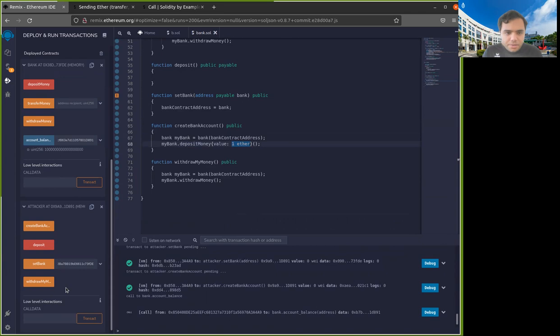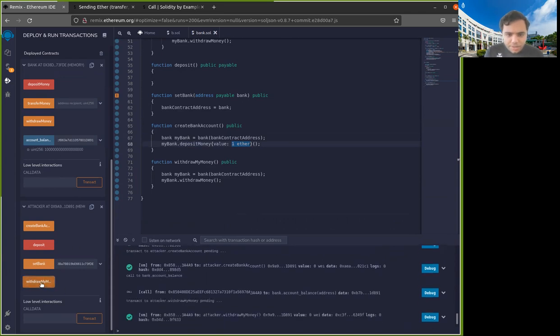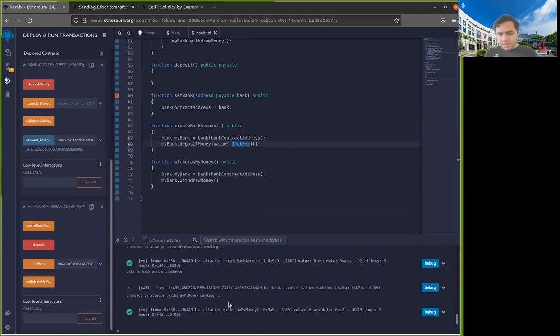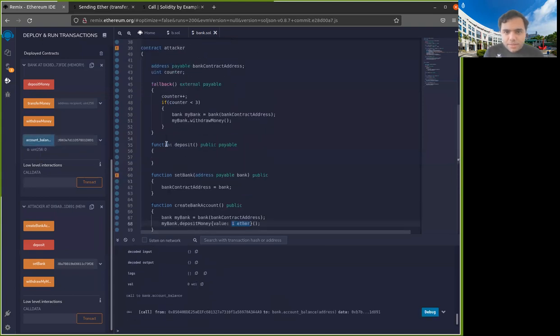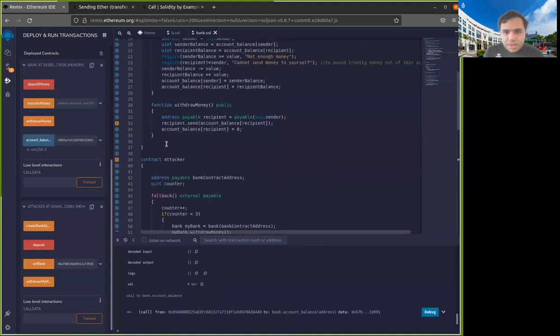And now I call withdraw my money. Yes, it worked. Now, if I check the account balance of the attacker, you see that the account balance is 0. But what you don't see is that the money was withdrawn several times.